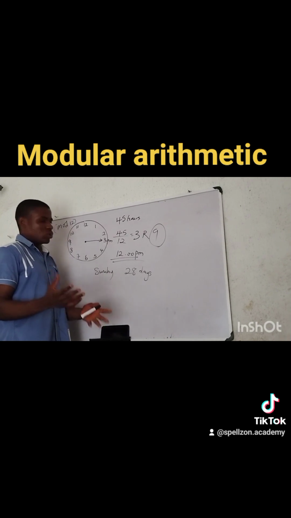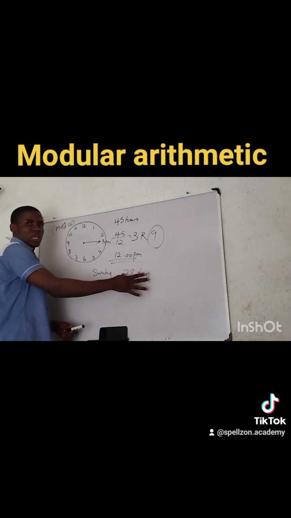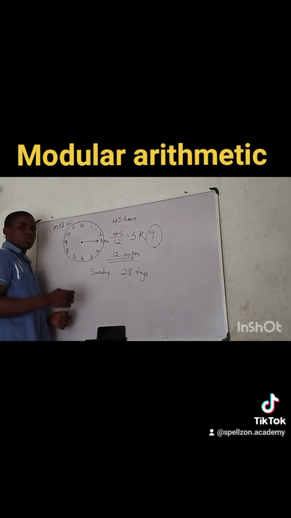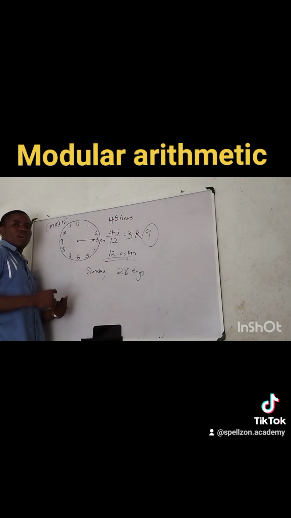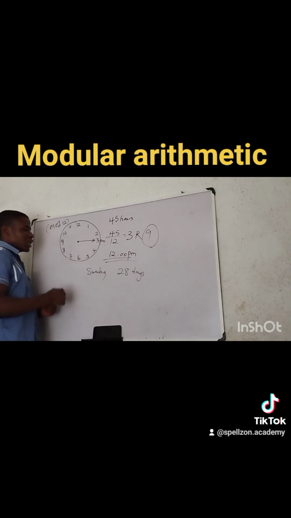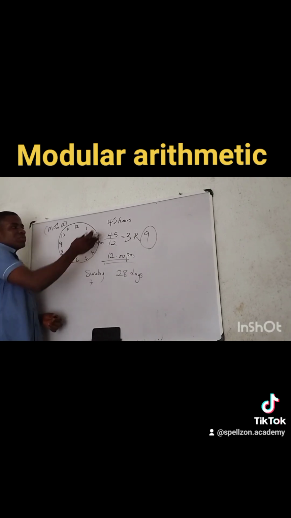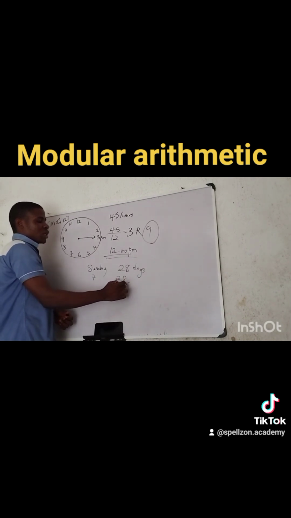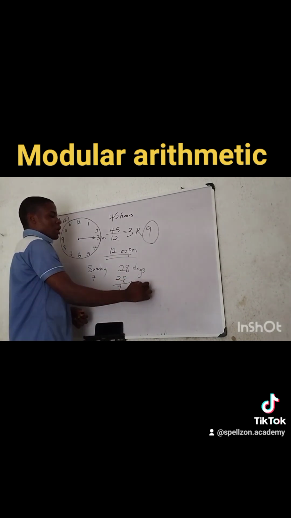Now let's do it. In the next 28 days, we check the days of the week. What's the mod? How many values do they get before they wrap around? They get to the 7th value. So it will be 28 divided by 7, which gives me 4 remainder 0.